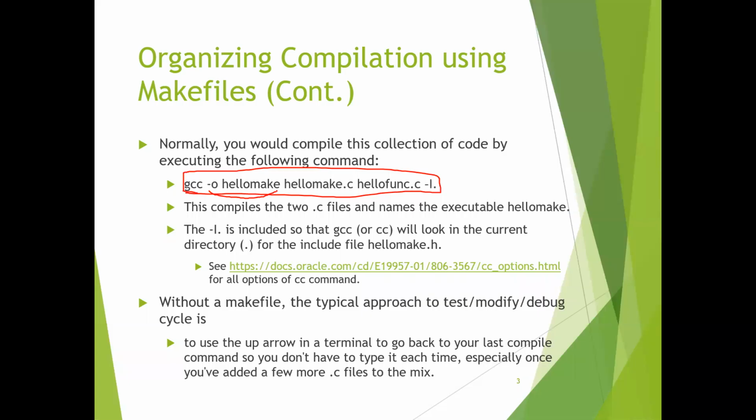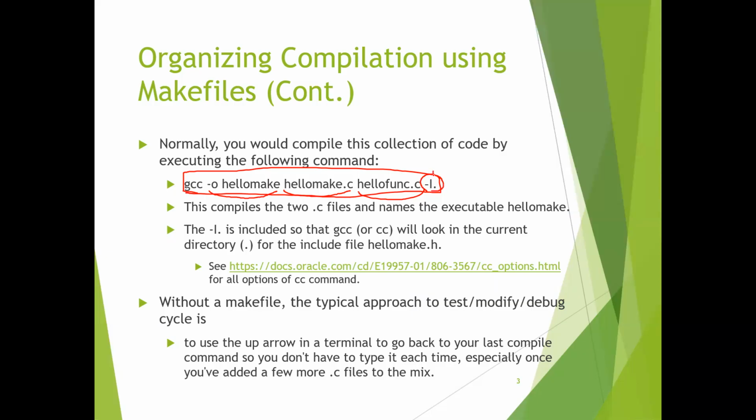I showed you an example before, and then you would basically place all the C files you have, which is in this case hello-make.c, hello-func.c, followed by -I and a directory of the header files.